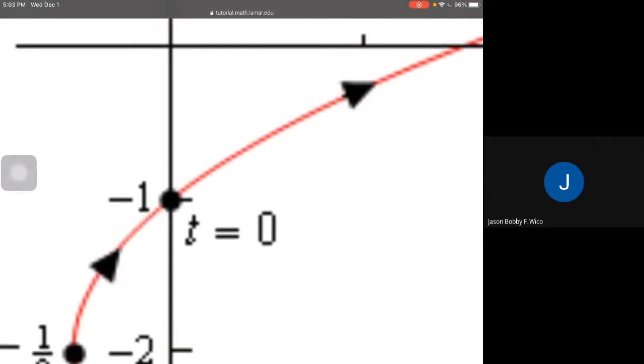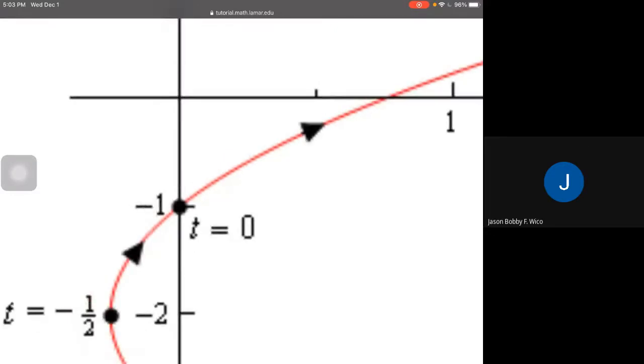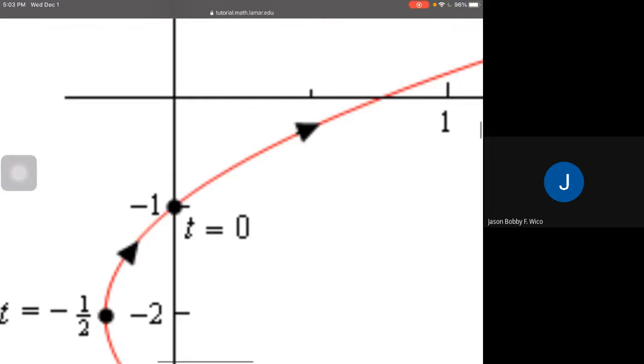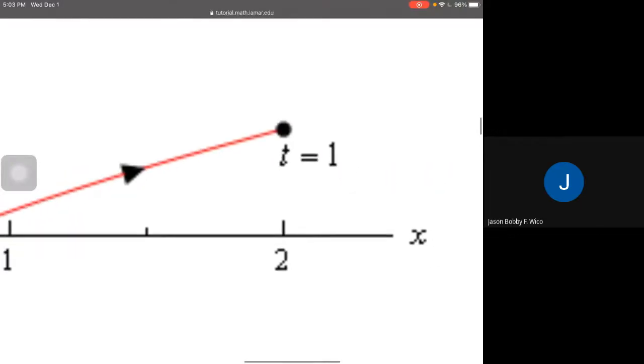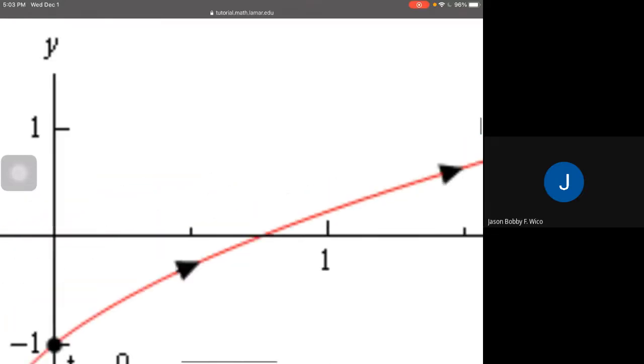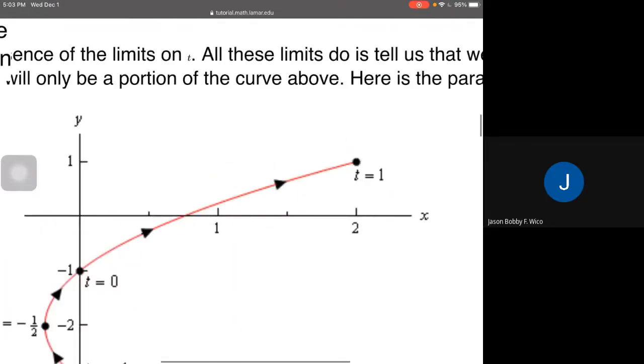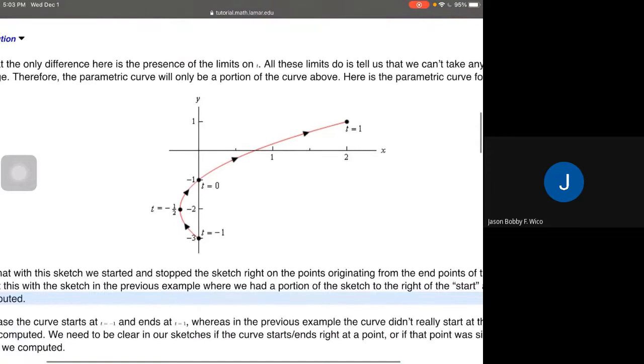Now for this, your x is 0 and your y is negative 1. And another point, this is when your x is positive 2 and your y is positive 1. So there has to be a direction. That's why you can see arrow.